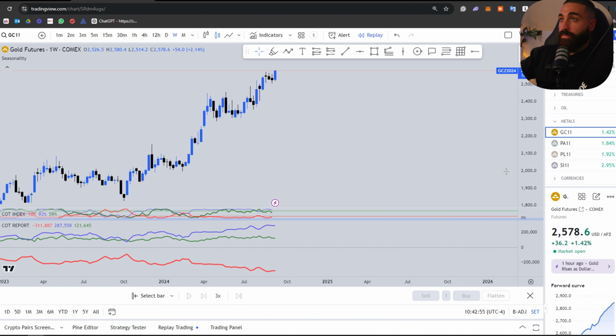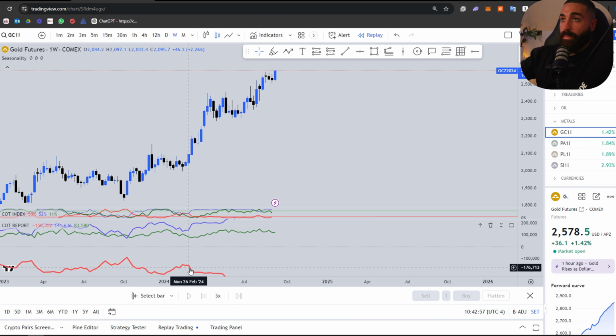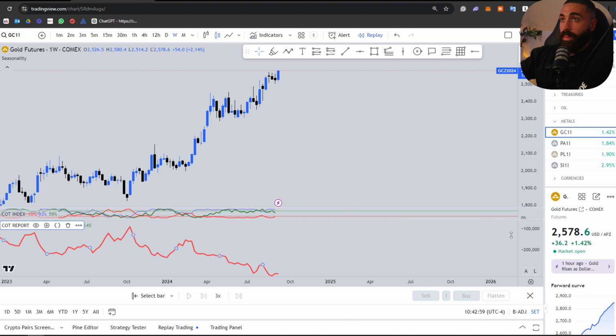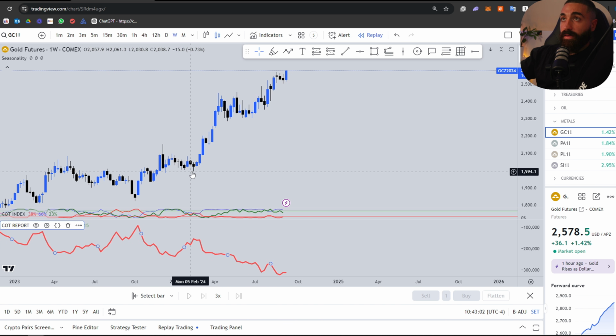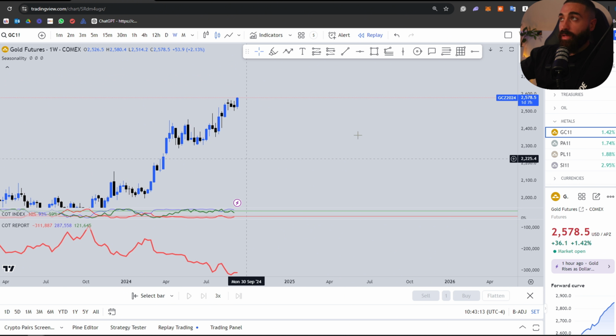But if I want to look into details, then over here is also the time that I mentioned. We were going down and we were buying right here. So this is a good move that we can leverage on.